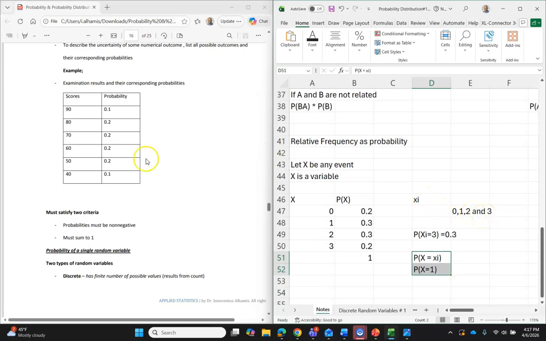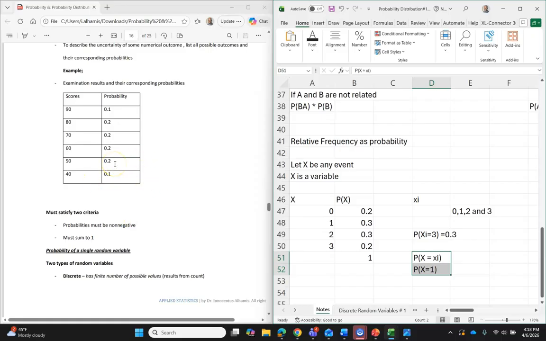Now let's look back to this kind of probability distribution we call probability distribution. Scores are distributed according to their probabilities. You can see that these scores are discrete, and therefore each one can be assigned probability.